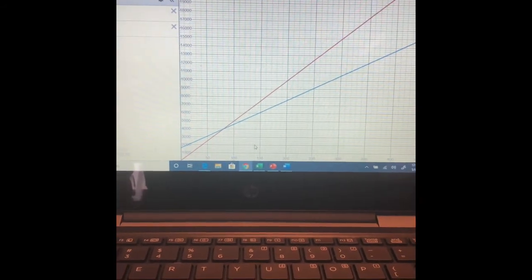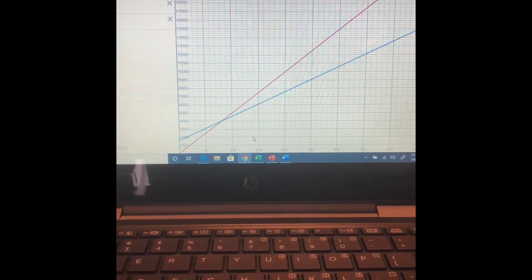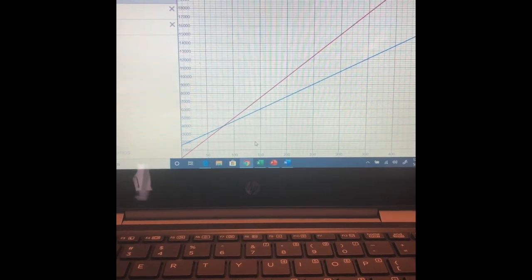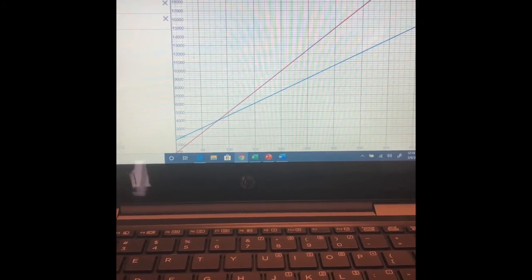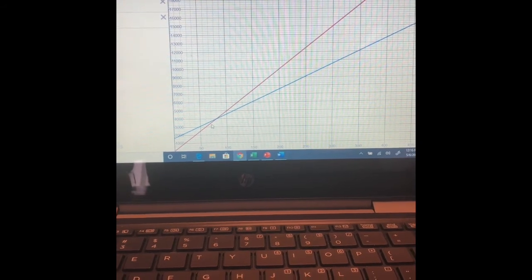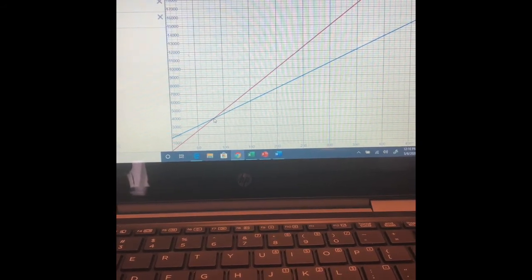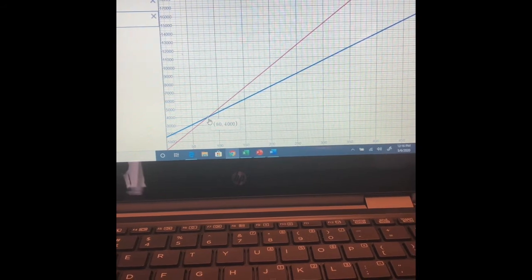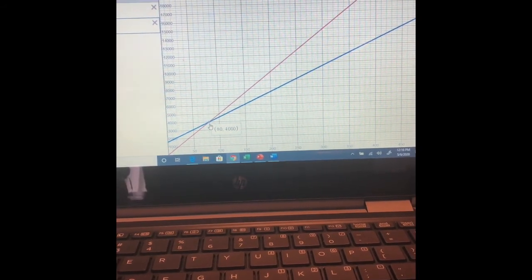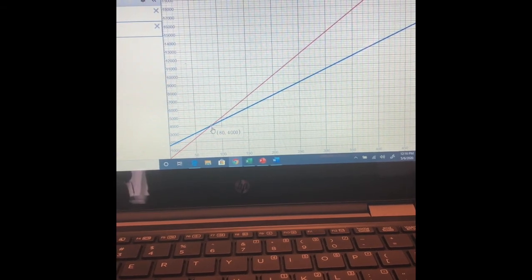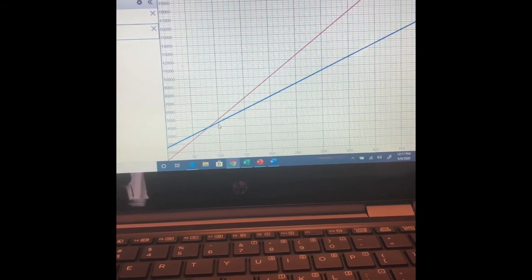And these are what the two graphs look like. The blue one is the golf course. The red one is the hall. So early on, the hall is cheaper until it gets to that point of intersection at about 80 guests and $4,000. At that point, after 80 guests, the golf course is cheaper.